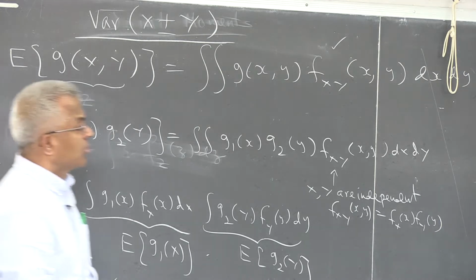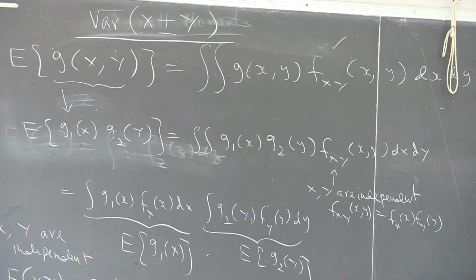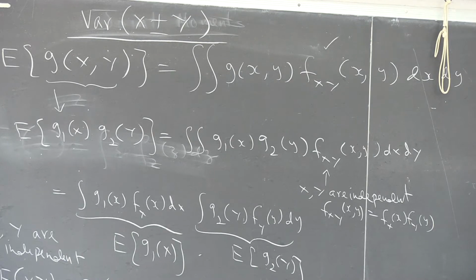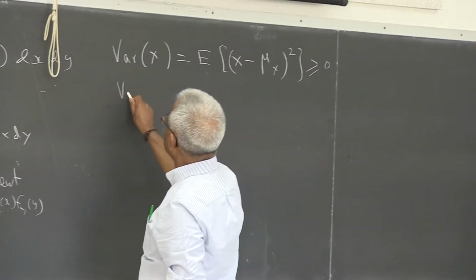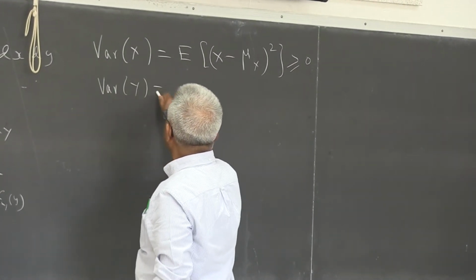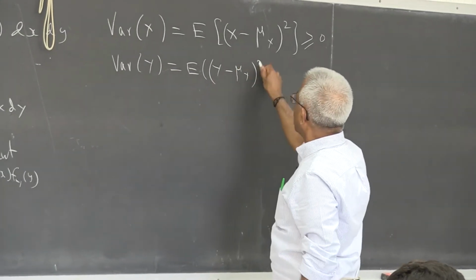Remember, the logic there was that the variance of any random variable is the expected value of (x minus mu x) the whole squared. Variance is a non-negative number. Similarly, variance of y is of course the expected value of (y minus mu y) the whole squared.